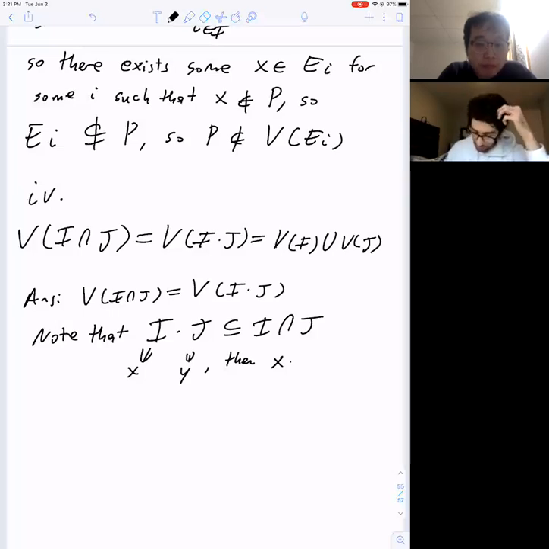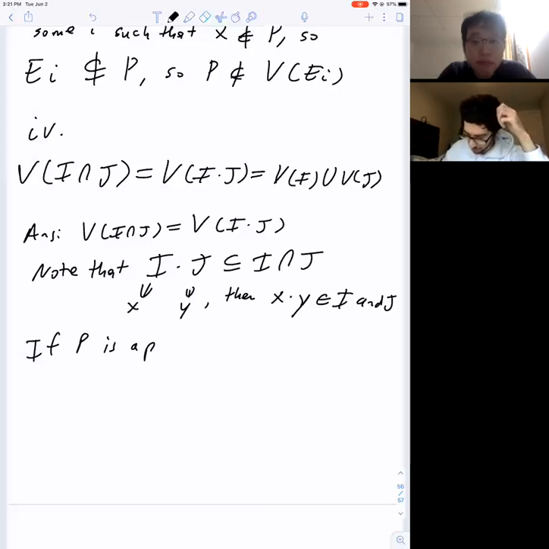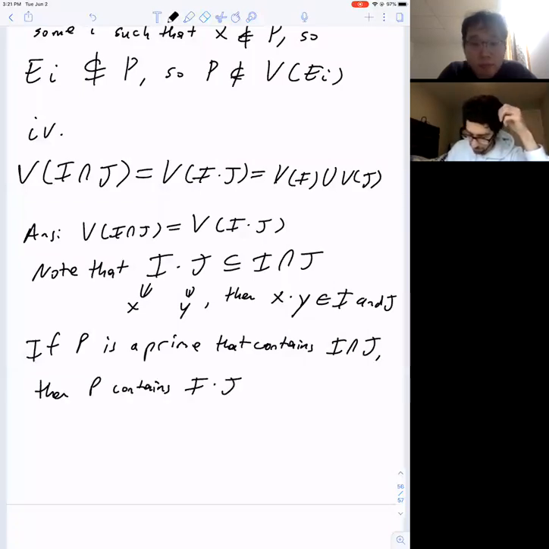So that means if P is a prime that contains the intersection, then P contains I times J. So V of I intersect J is contained in V of I times J.